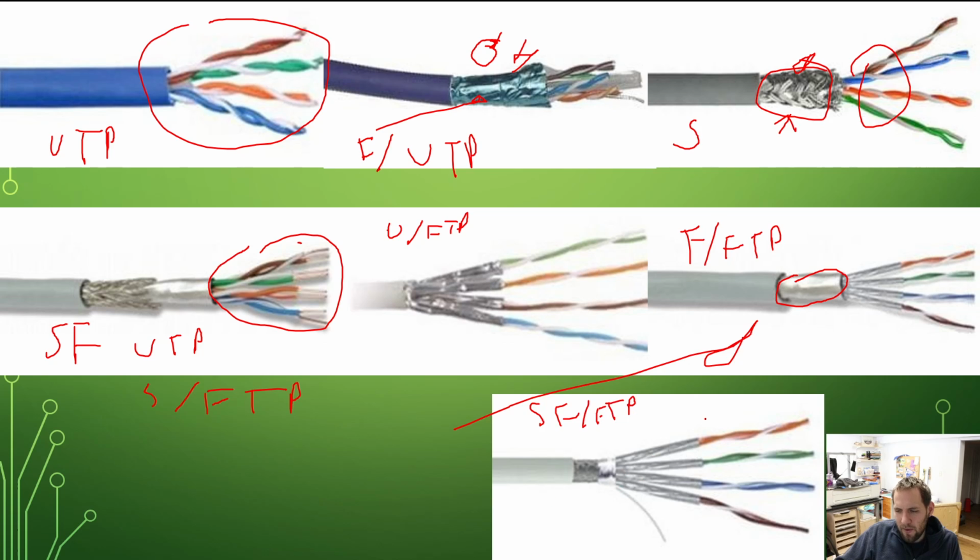So we have foil twisted pairs with foil and with shielding. Holy moly, that is a lot of electromagnetic interference reduction and mitigation, whatever you want to call it. So there is definitely a lot going on with that wiring.